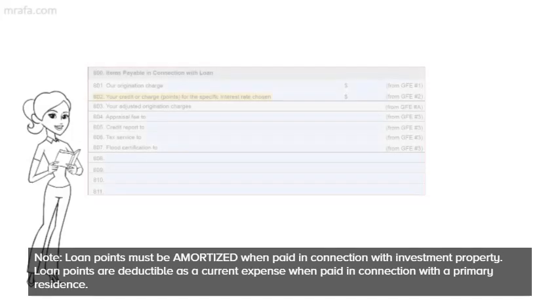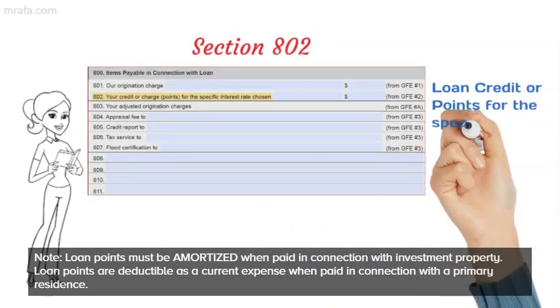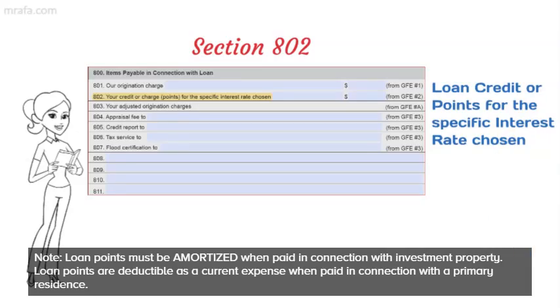So let's discuss more in detail about the loan credit or points, or mortgage interest points, or discount points, or whatever else they call this. So for example, you have a $200,000 mortgage loan, and your current interest for this loan is, let's say, 4.5%.